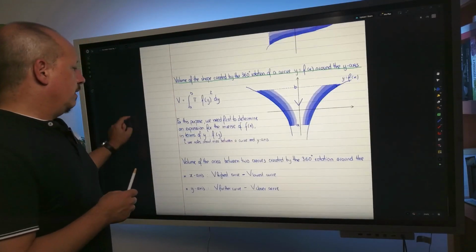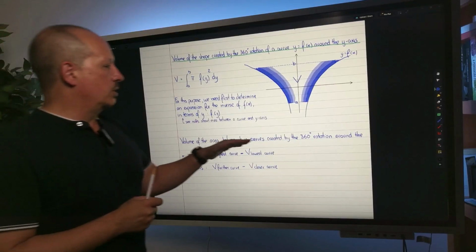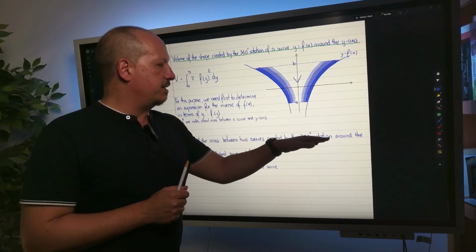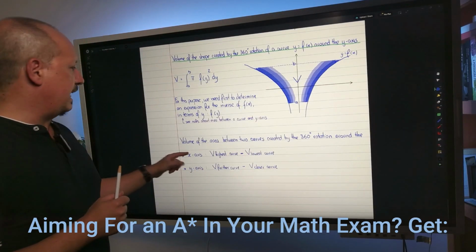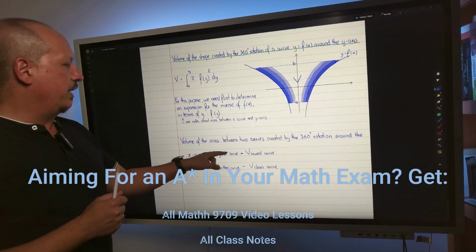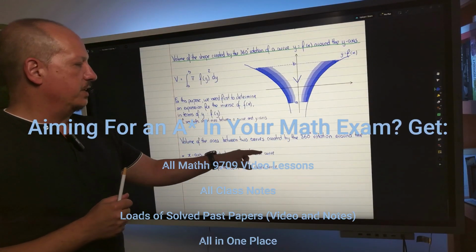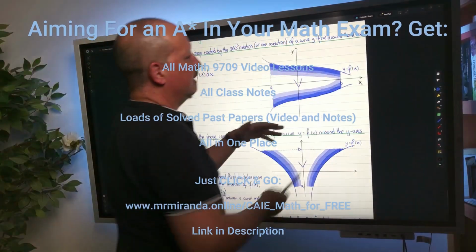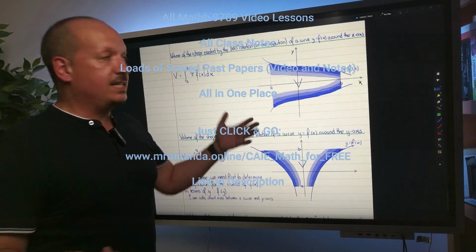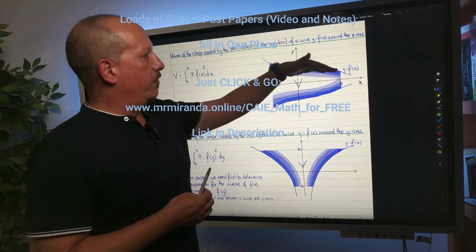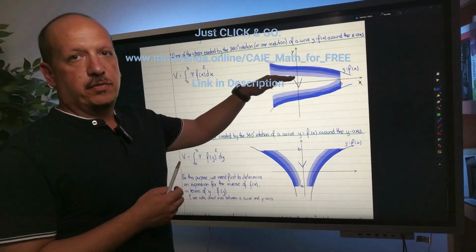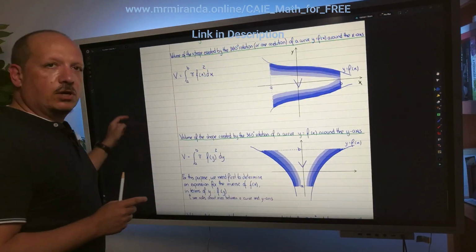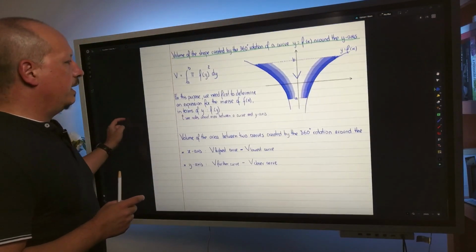Finally, the volume of the area between two curves created by the 360-degree rotation around the x-axis is the volume of the highest curve minus the volume of the smallest curve. Again, if you want the area between two lines, it is the same concept that I used in areas.